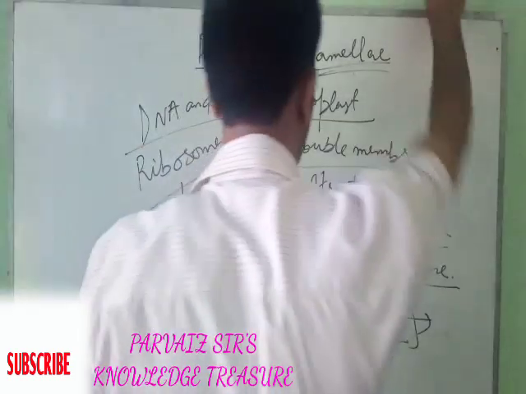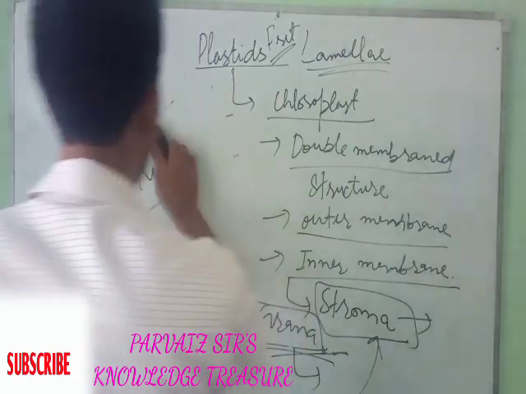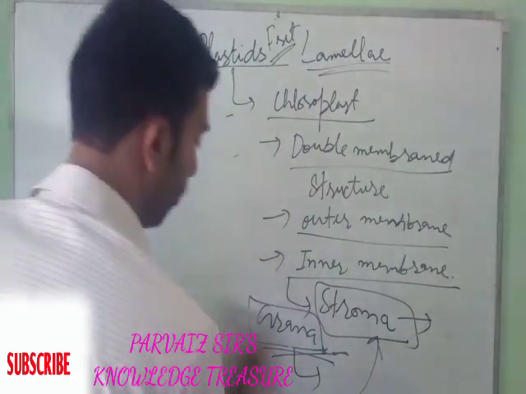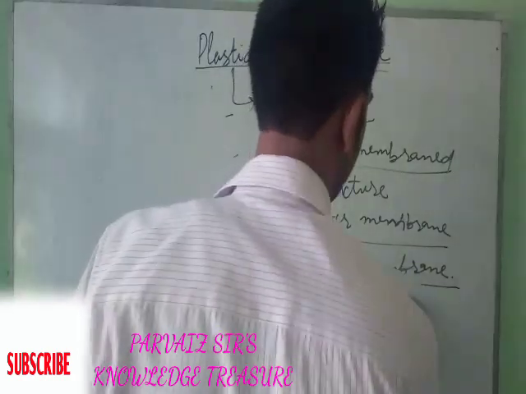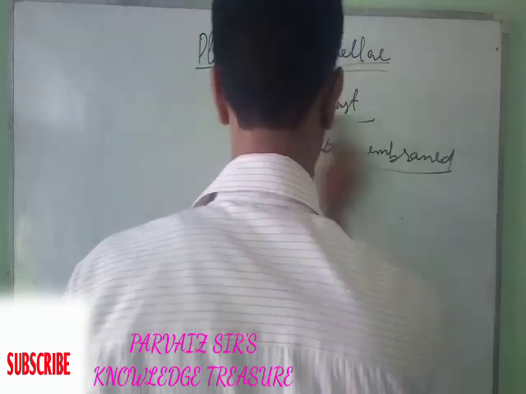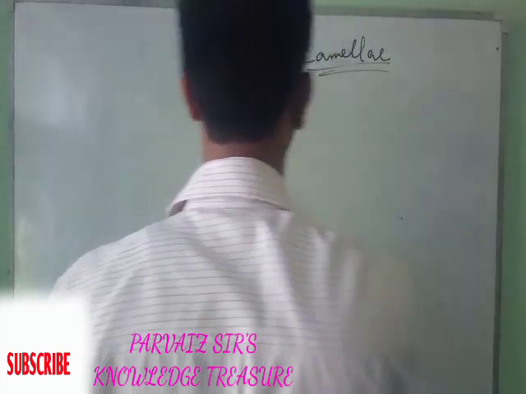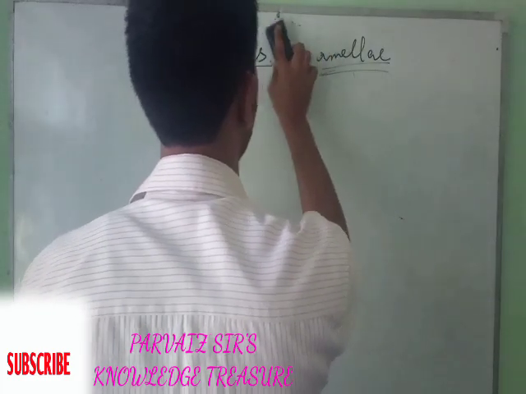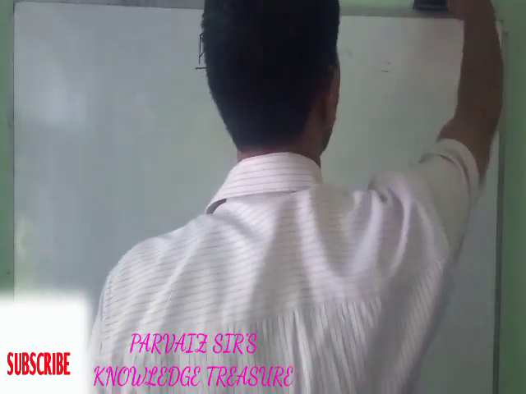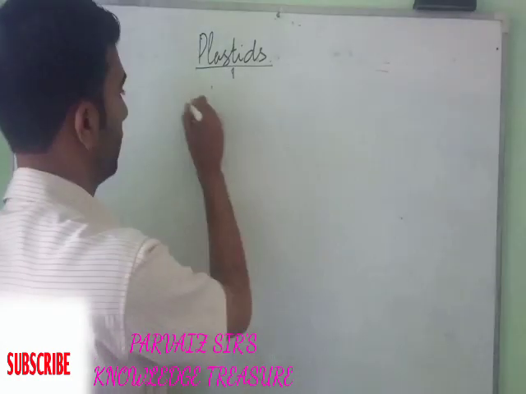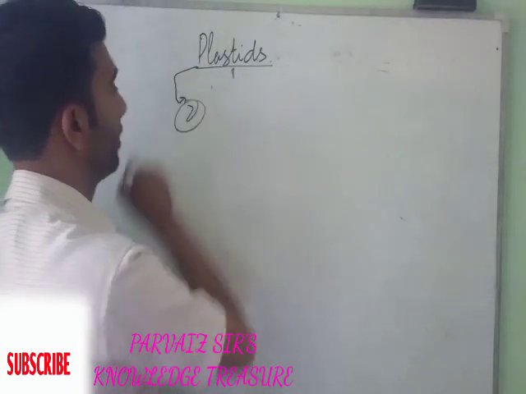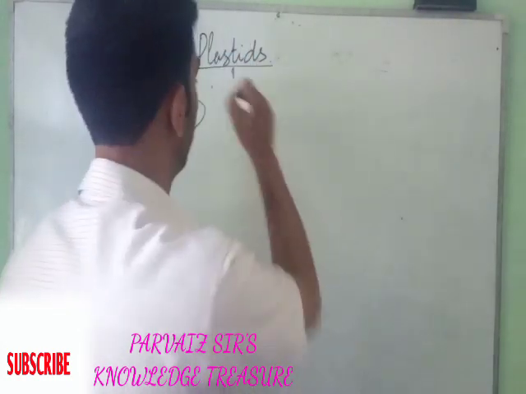Now we will talk about the second type of plastids, that is leucoplasts.